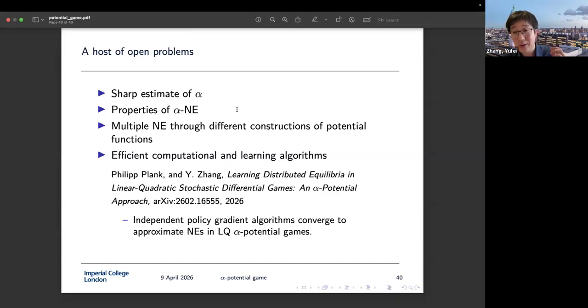If the interaction is through the state, as I showed in the last part of the talk, the construction of alpha will be more challenging, and we haven't thought about it. As I said, this is just the beginning phase of this new framework, and it's good that you have this question, and it is worth exploring.